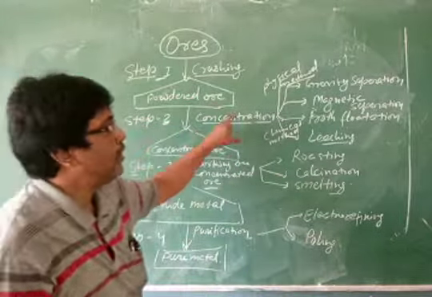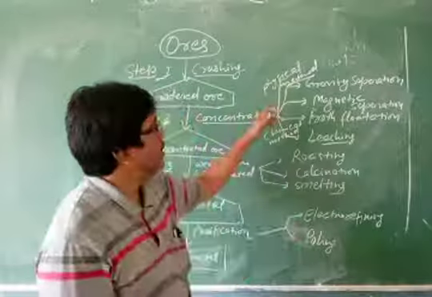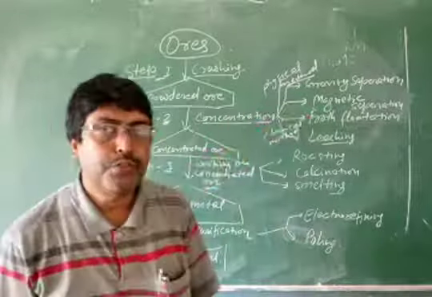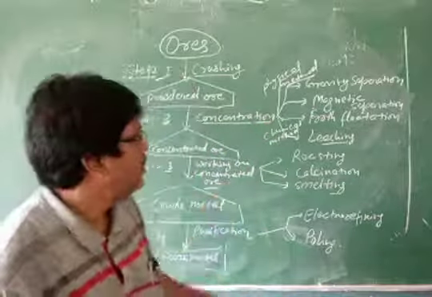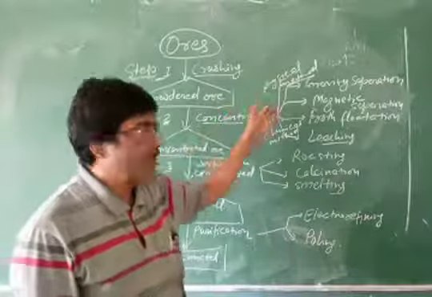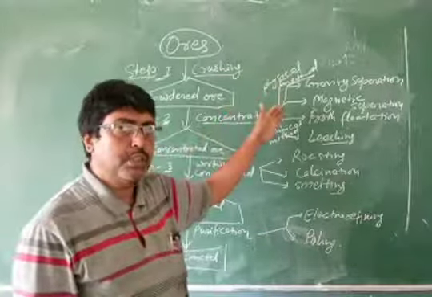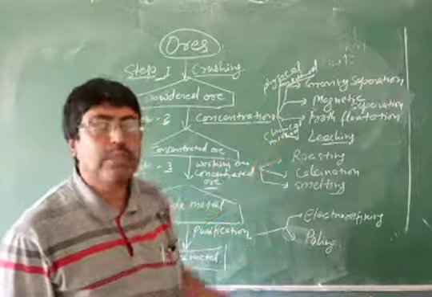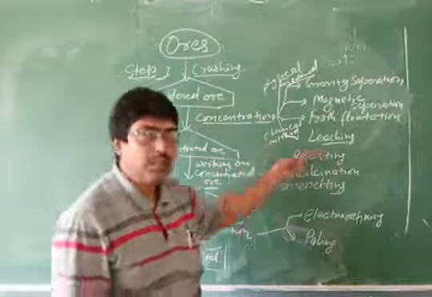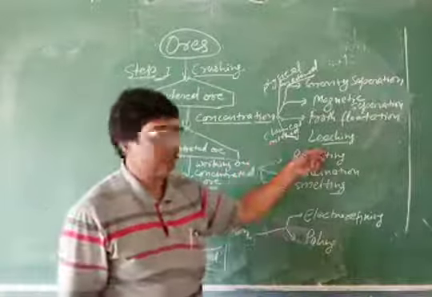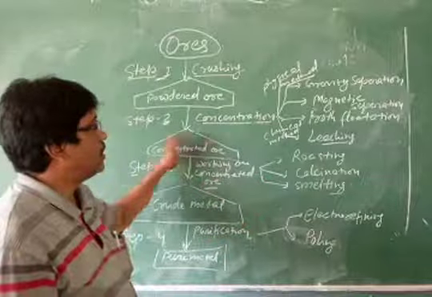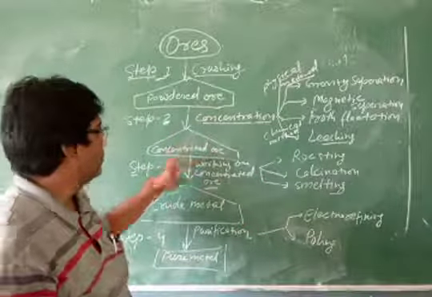So we apply four concentration techniques: gravity separation, magnetic separation, flotation. These three are physical methods of concentration, and the fourth one is the leaching process. This one is a chemical method. After concentration, we get concentrated ore.